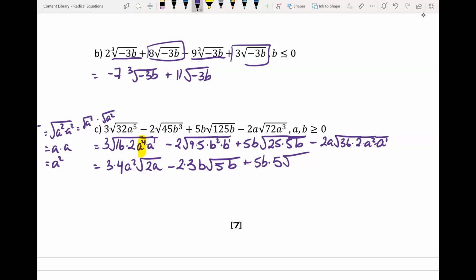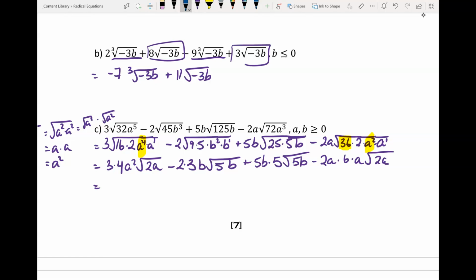And then leave whatever's on the inside, and that's 5b. For our last term, we can take out the square root of 36 and this a squared. Square root of 36 is 6, and then the square root of a squared is a, and then we're left with 2a on the inside.